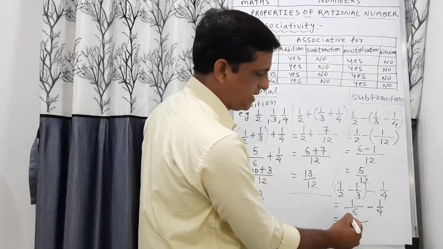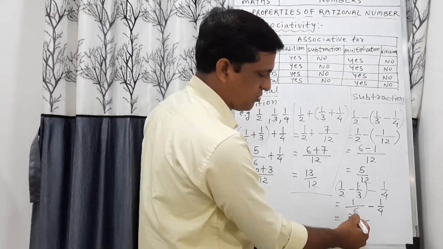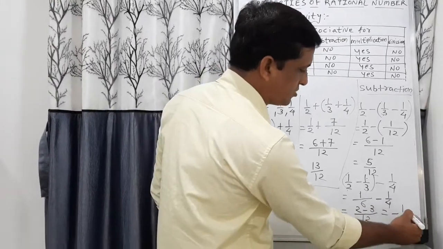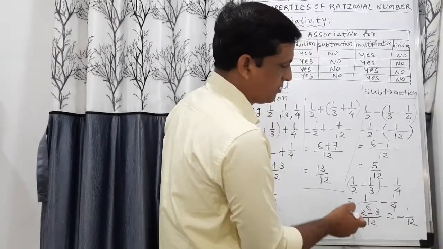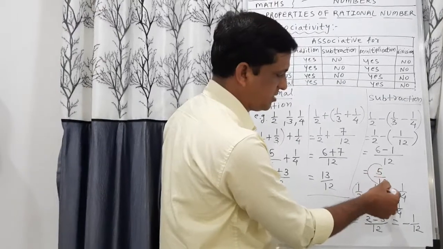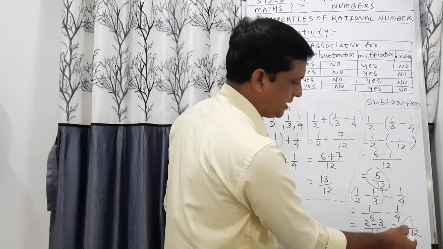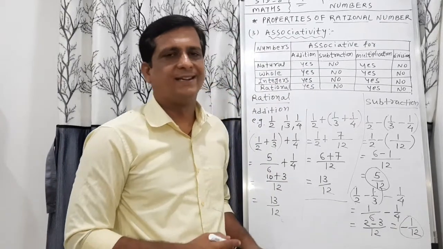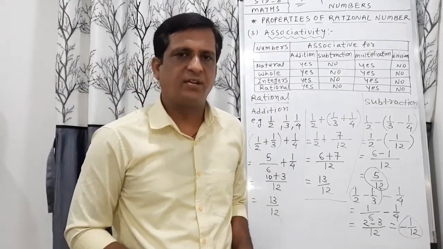When 1 multiplied with 2, it is 2 minus 3 ones are 3, so the answer is minus 1 by 12. So here simplification of both sides is different, right? So we can say that rational numbers are not associative for subtraction.